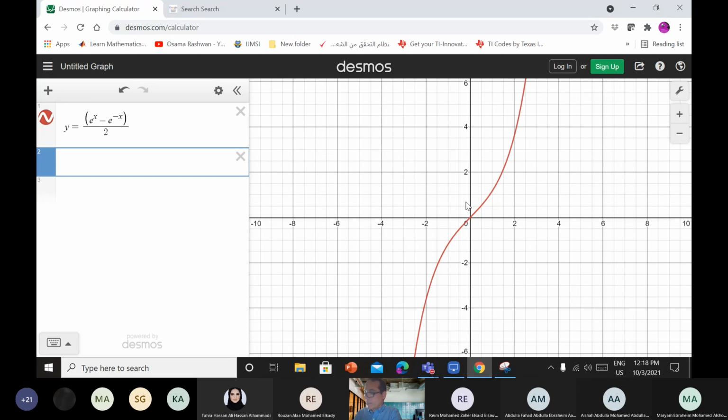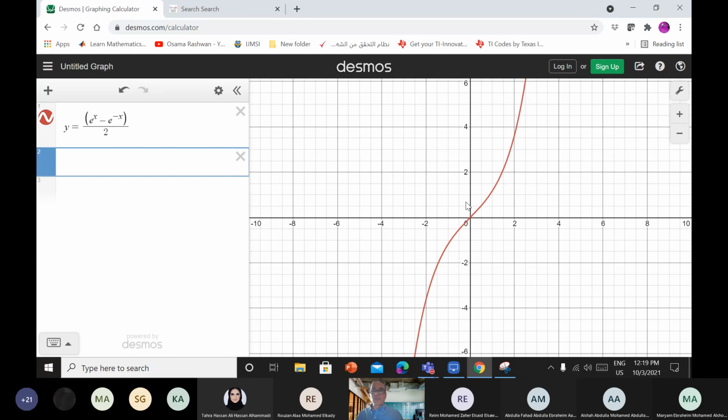Yes, you have e to the minus x minus e to the x over 2. So this one, take minus as a common factor outside. You still have this one here, and you have e to the x coming from this one, minus e to the minus x. Okay, so sinh x, or this term, is an odd function, right?